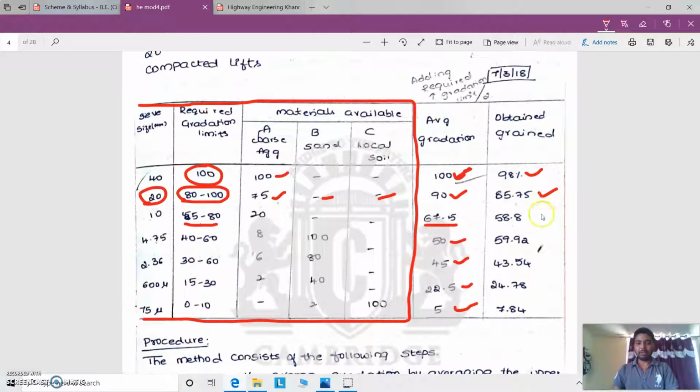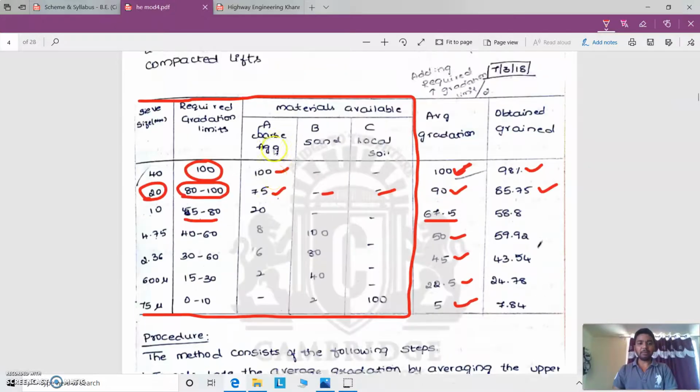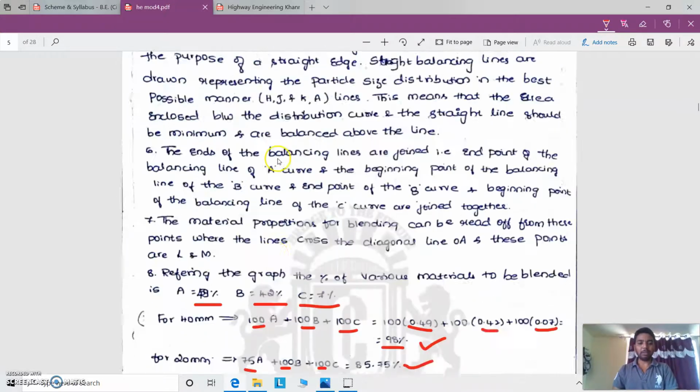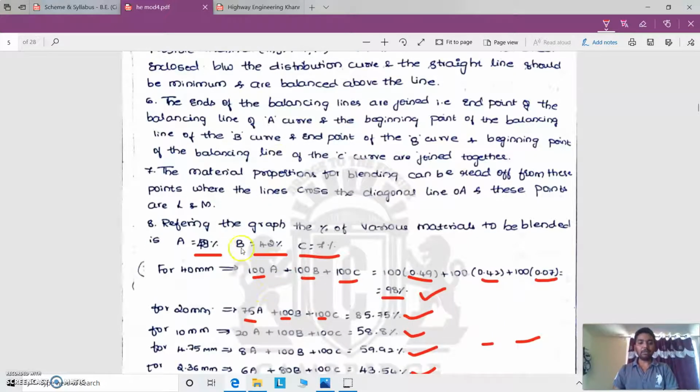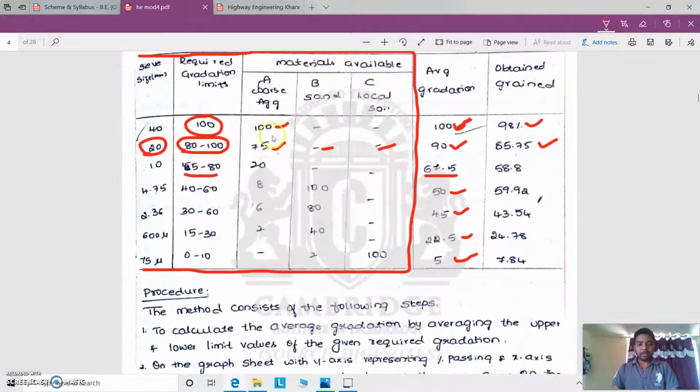Here it is 100 times 0.49, 100 times 0.49, and for B 100 times 0.42 and C 100 times 0.07. Likewise we have to complete all the materials and then tabulate these values here. Once we do this, the problem is completed.